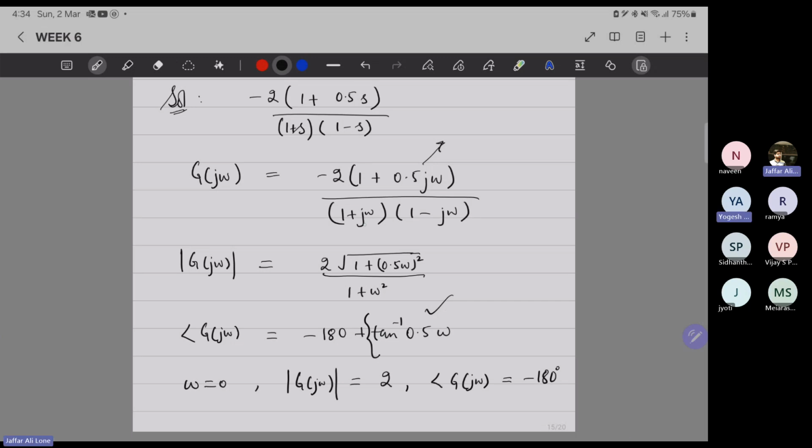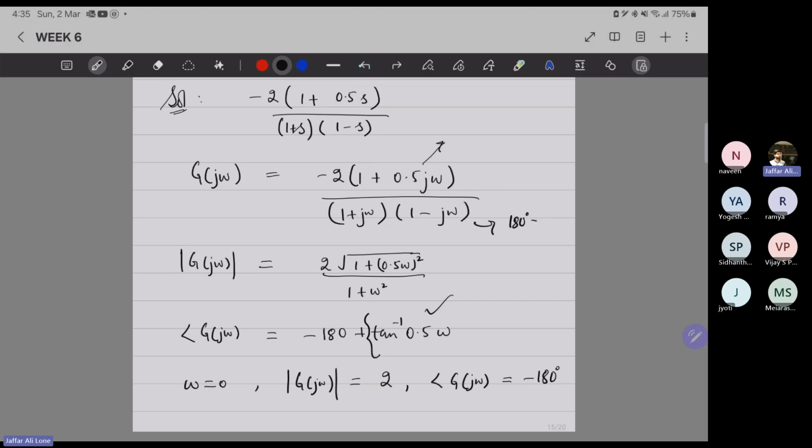Then, if you see, this is in the second quadrant. So if it is in the second quadrant, I'll write it as 180 degrees minus tan inverse of omega by 1. So this omega by 1 and that omega by 1 cancel, and that's why this minus 180 will come up. Is it clear? Yes, sir.